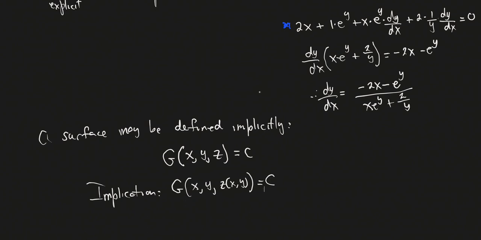What we have to look for is anytime we're differentiating something with a z, we're going to end up getting either dz dx or dz dy, depending on our variable of differentiation, right? Just like over here, whenever I differentiated something that had a y, because of the chain rule, I had to multiply by that derivative. The same thing will happen here.